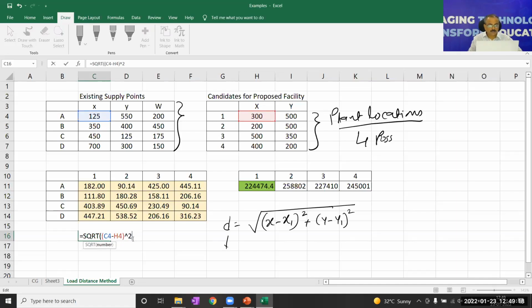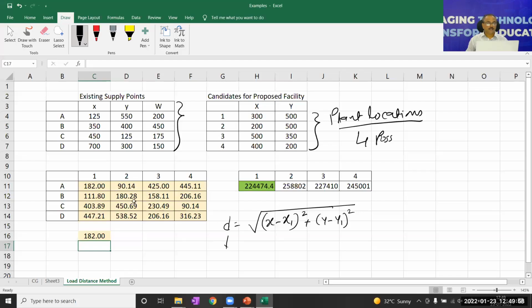So x minus x1 square plus y minus y1 square. Okay, in this way you will establish the distance between these, and then you will have to take the summation of the load distance.